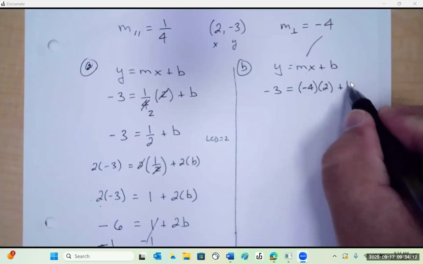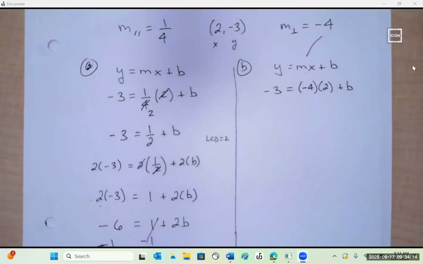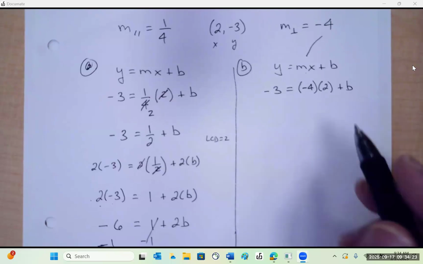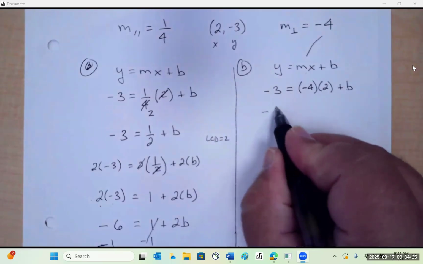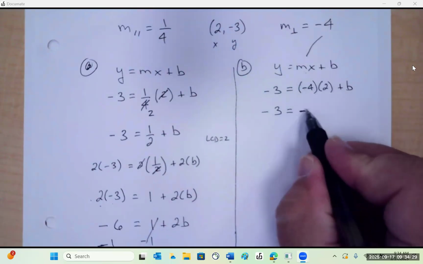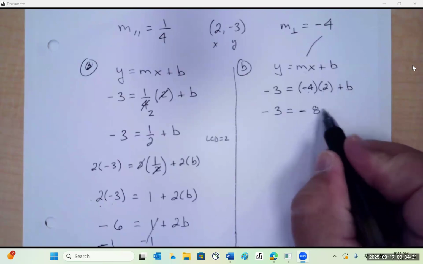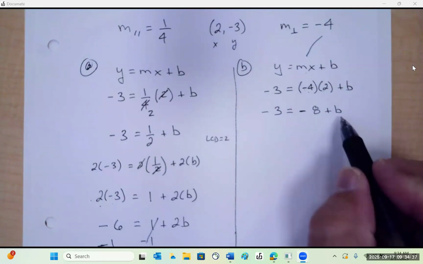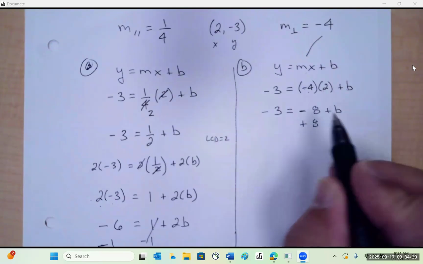We just don't know b. No fractions. That's a good sign. So we get rid of the parentheses. Negative times positive is negative. 4 times 2 is 8. Solve for b, so we add 8 to both sides.